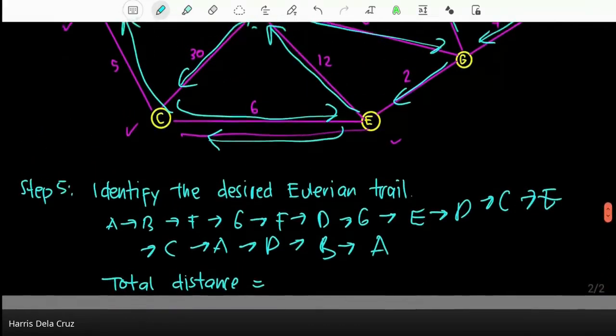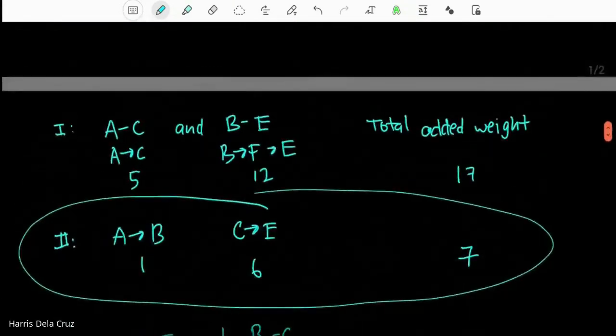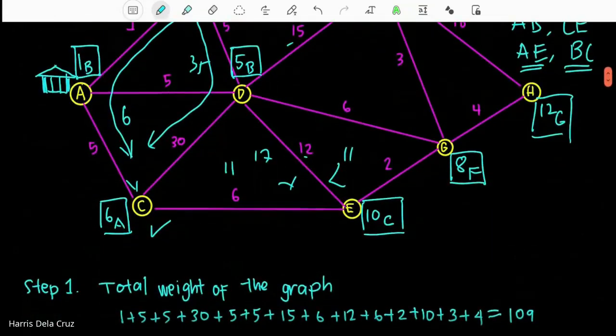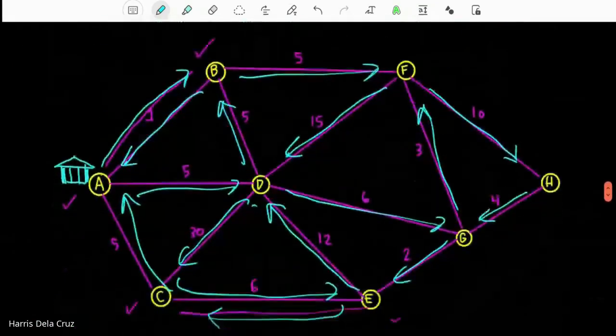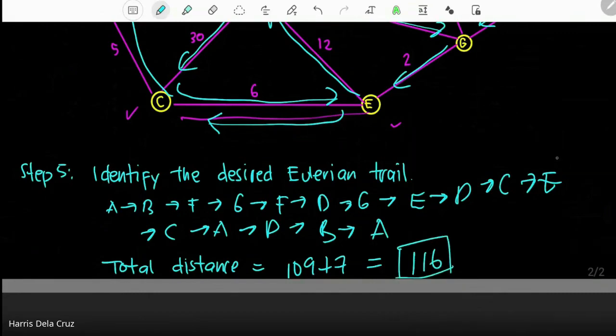So what's the total distance? The original weight of the graph, the one that we computed a while ago, is 109, and then the additional weight is 7. So that's 109 plus 7, giving us a total distance of 116 if we use this path.